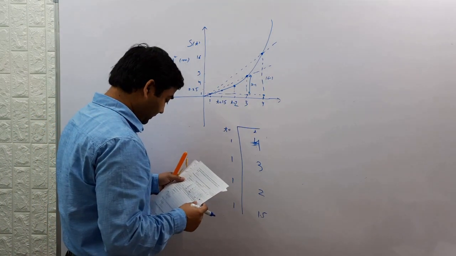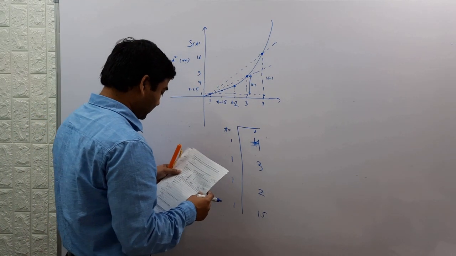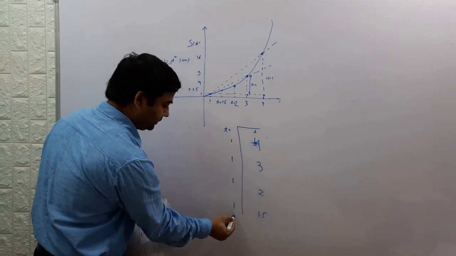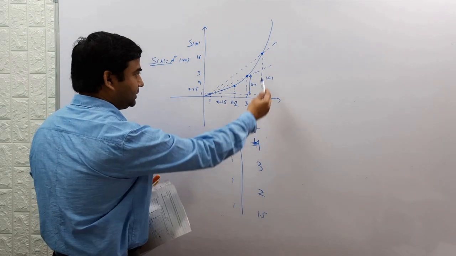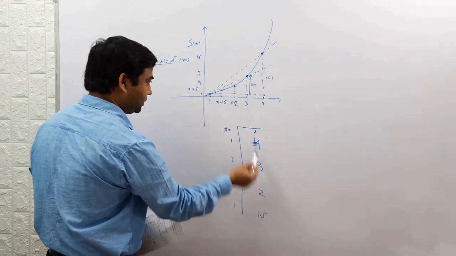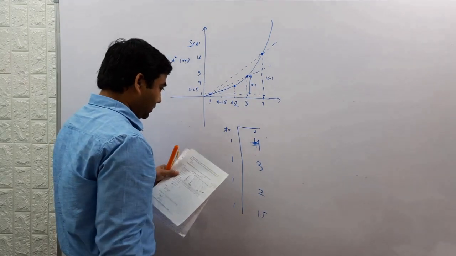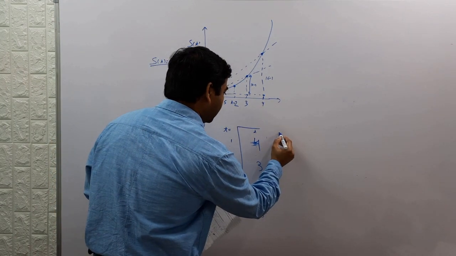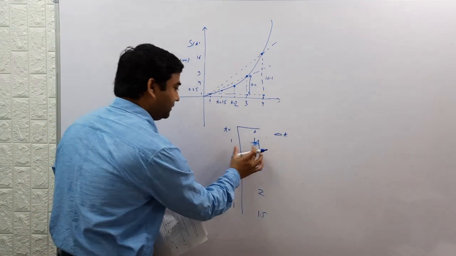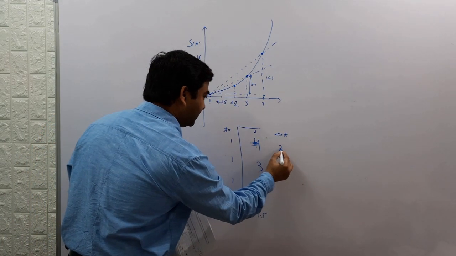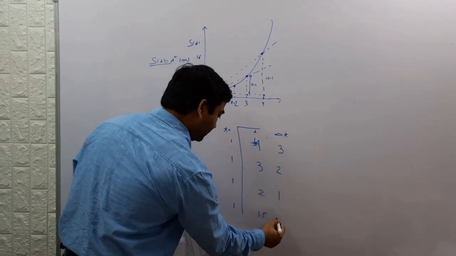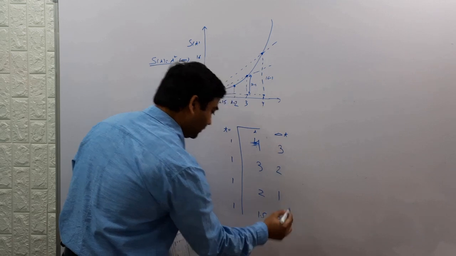So you can see this point is fixed, t equal to 1, and this point is t equal to 4, t equal to 3, t equal to 2, t equal to 1.5. Find the delta t. Delta t for this interval is 3, for this interval is 2, for this interval is 1, for this interval is 0.5.